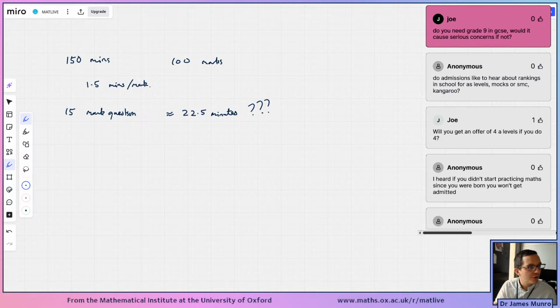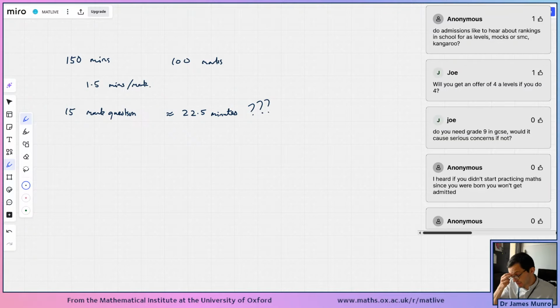It wouldn't hurt if you got a grade 9 in GCSE maths. That's the top grade. We have also admitted people with a grade 8 in GCSE maths, and then not so much with a grade 7. But I think that makes sense, right? Loads of people get 8s and 9s in GCSE maths. And if you get 7, some schools won't let you do further maths. So it's a self-selecting pool, really, in some sense.